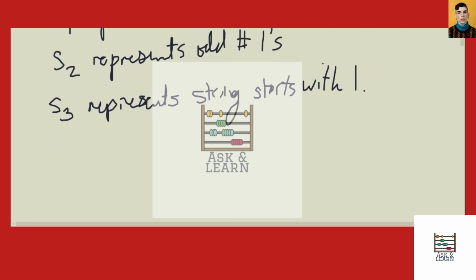Now let's consider different transitions. So let's suppose that we're at S0. So the input is 0 at S0.